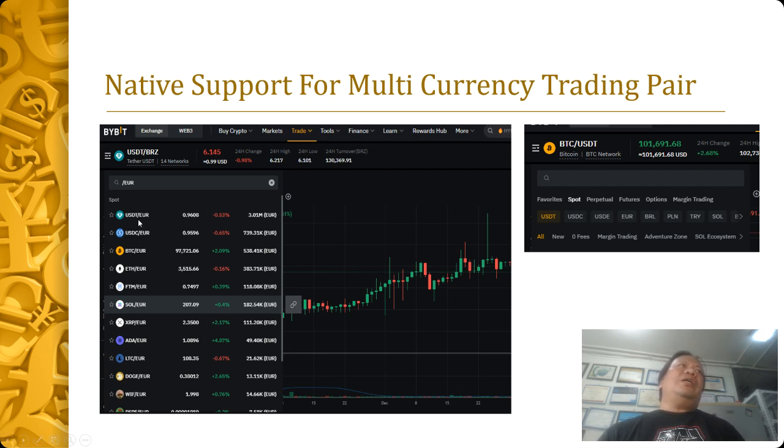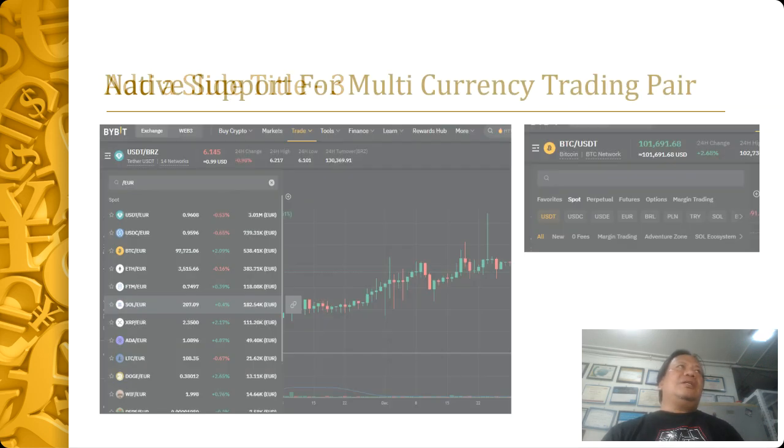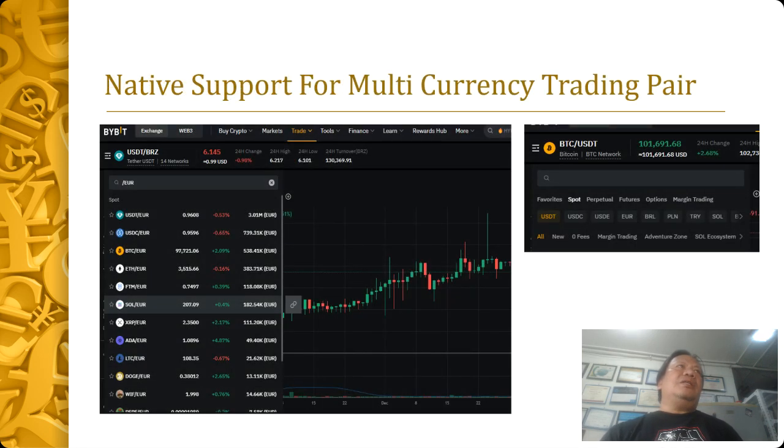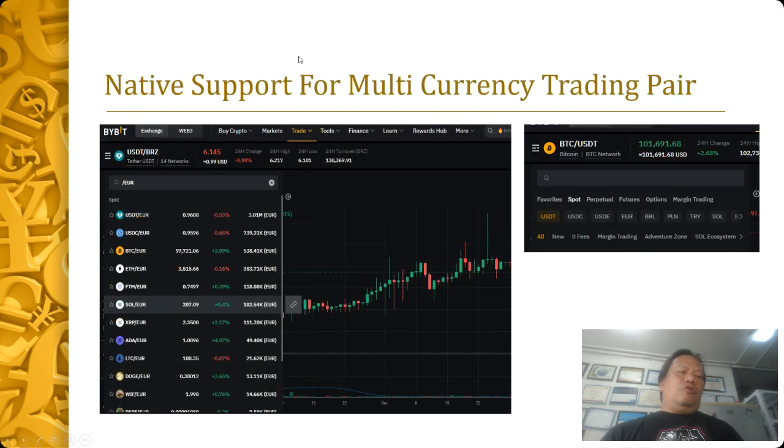There are widely used pairs for euro and BTC and BRL, which is Brazilian real. So you can make use of those. Just in case the dollar goes down, you can make use of other currencies. Or you can actually trade currency in Bitcoin. So enough talk, let's go to the demo.